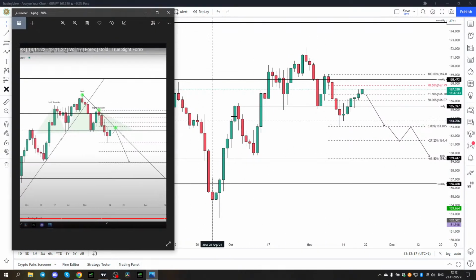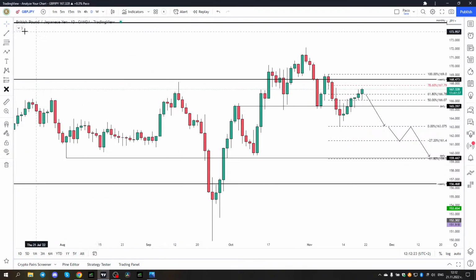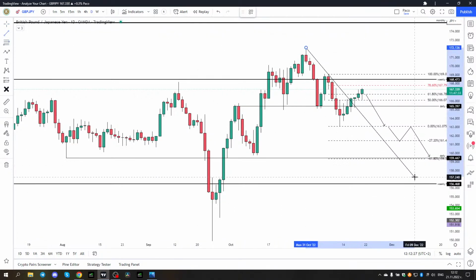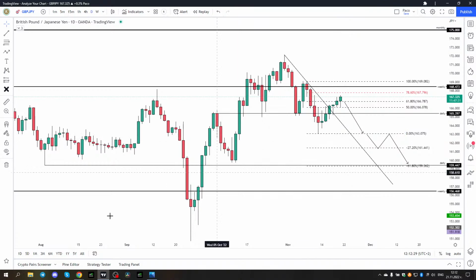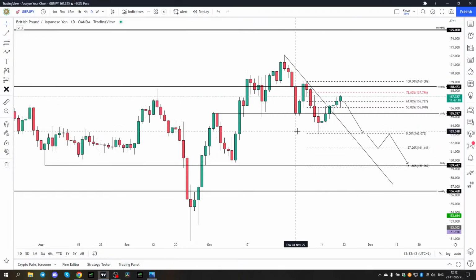Last week we expected the price from this impulse wave to reach the daily trend line. I'm gonna draw it right now. This is the daily trend line. We expected from here to see some confirmation to enter in short positions, but the price broke this trend line and now it's moving up again.